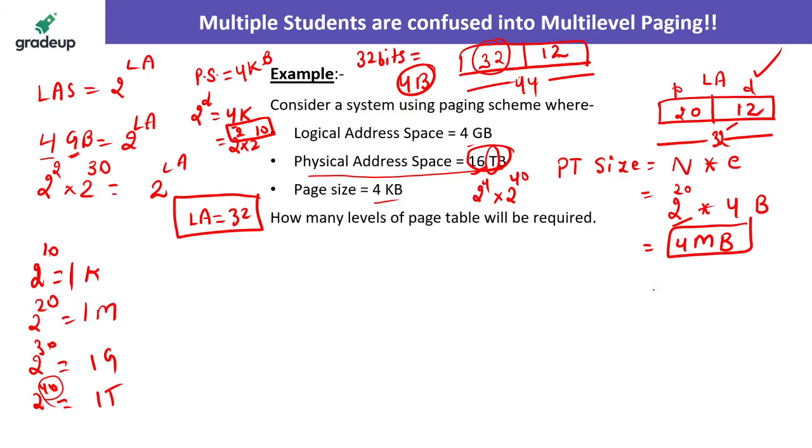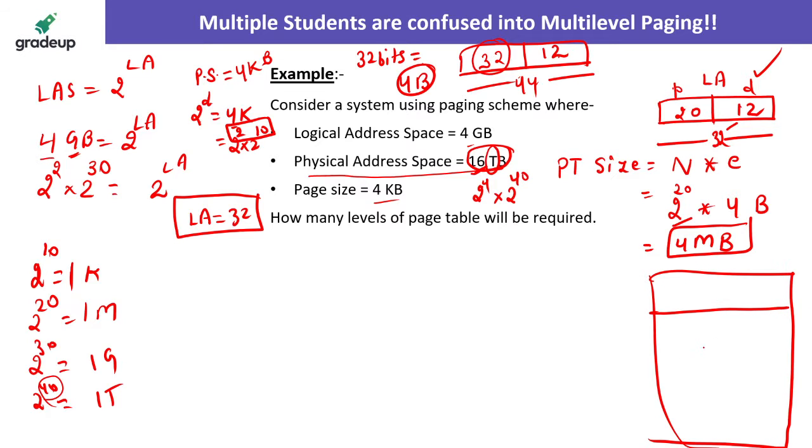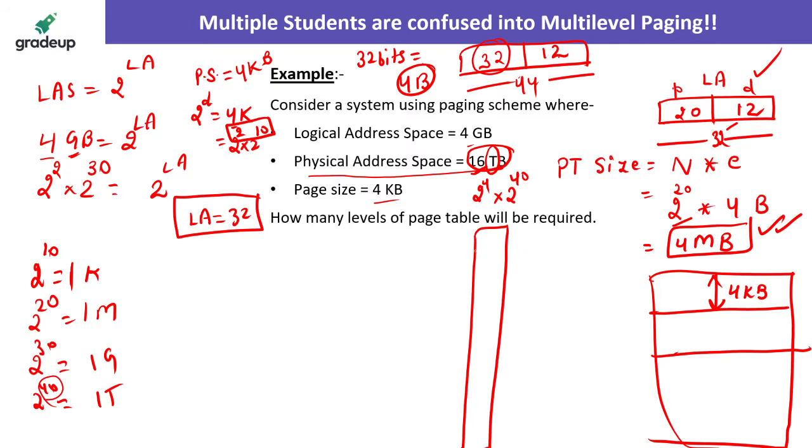Are you understanding? So I have RAM, and the size of one frame is what they have given, 12 bits, that is 4 KB. But in 4 KB you cannot have the complete page table, which is 4 MB. See, this is your page table which is very big, and now you cannot keep this complete page table in one frame.